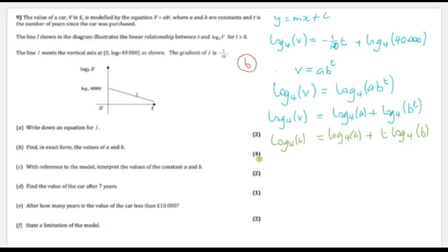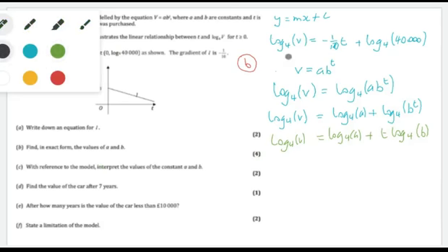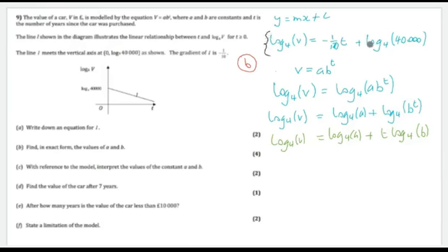Okay, so now we've got something that's actually quite comparable to the other one. If you think about the equation we wrote in part A, it's looking a lot like this one now. Notice how in our first part, the t is being multiplied by minus a tenth.